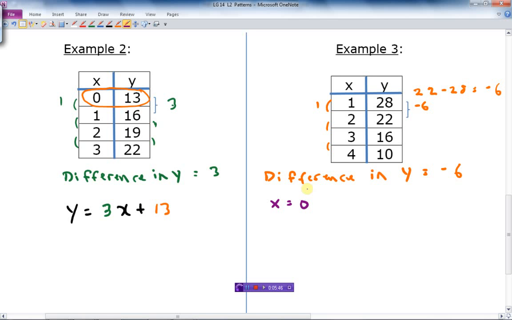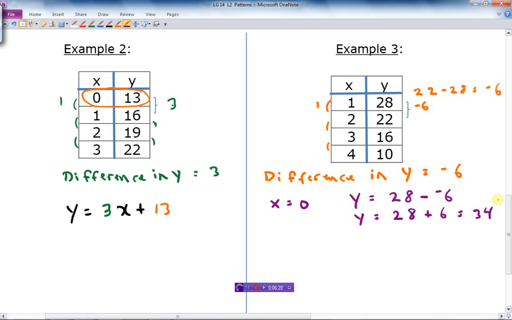Basically, we're going to take that y value, which was 28. Remember, we always subtract the difference, and the difference was negative 6. In this case, we're going to add 6. Is it going to be 6 bigger? So 28 plus 6, which equals 34.